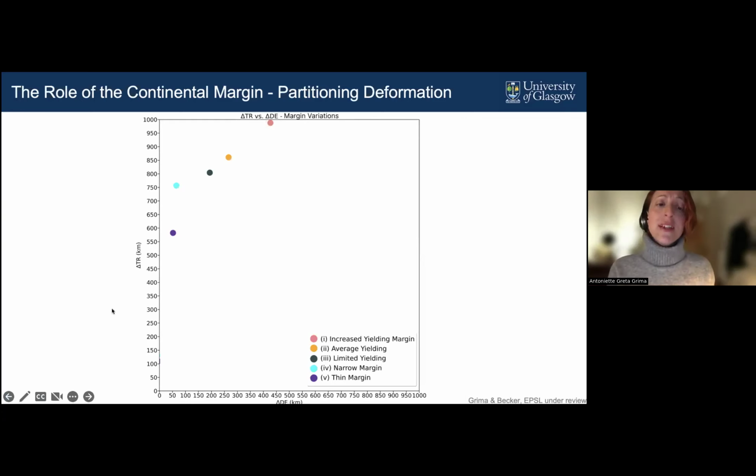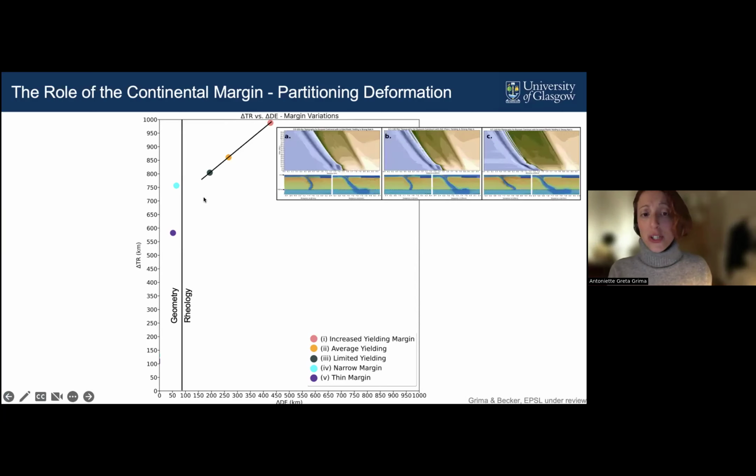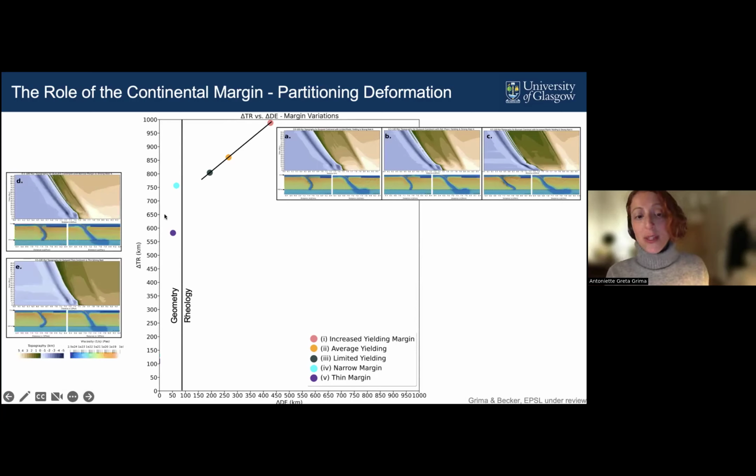And once again, plotting the amount of trench retreat against the extent of the deformation region, we should see that there is again a distinction between margins where the variation is mostly geometric or rheological. And if we look at our models with rheology variations, we can see that we've got this really nice relationship where as the amount of trench retreat increases, so does the extent of this deformation front or this deformation margin.